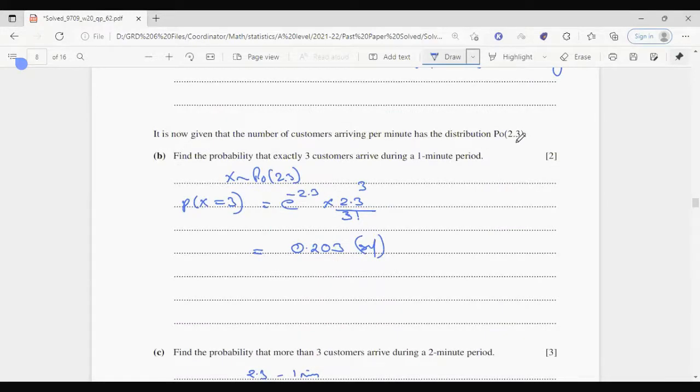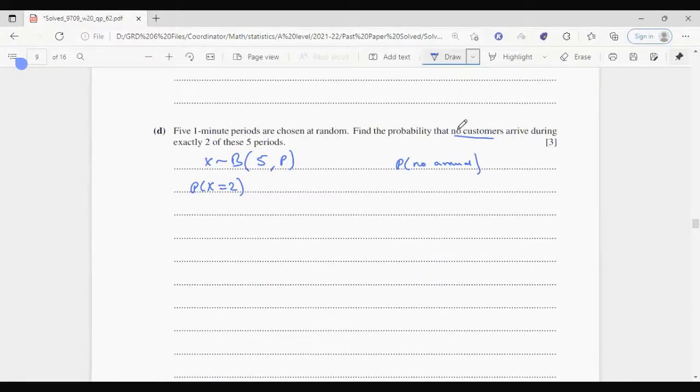For that, we need to look at our average. Customers arrive at 2.3 per minute. So what is the probability that no customers arrive? The probability that X equals 0 means e to the power of minus 2.3, which is 0.10026, etc. This is the probability to be used over here. So what will be the probability that X equals 2 when there are 5 trials?